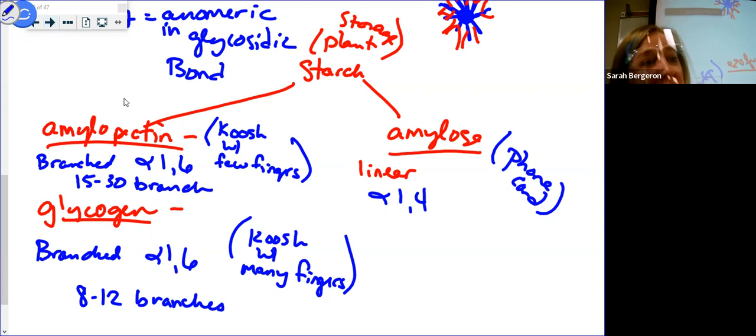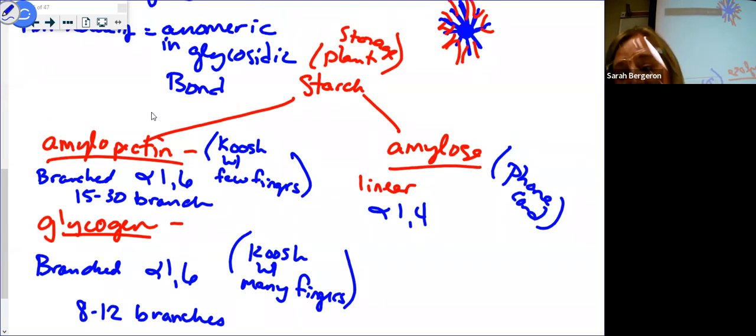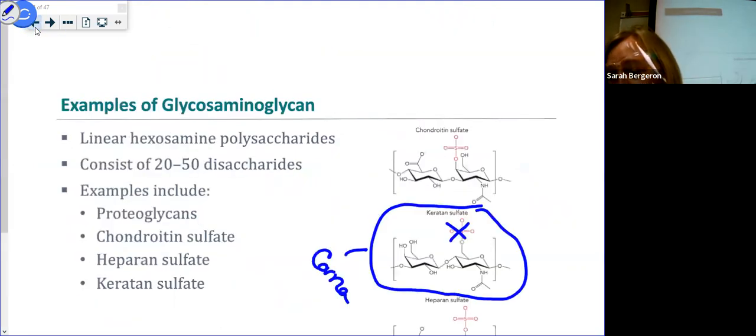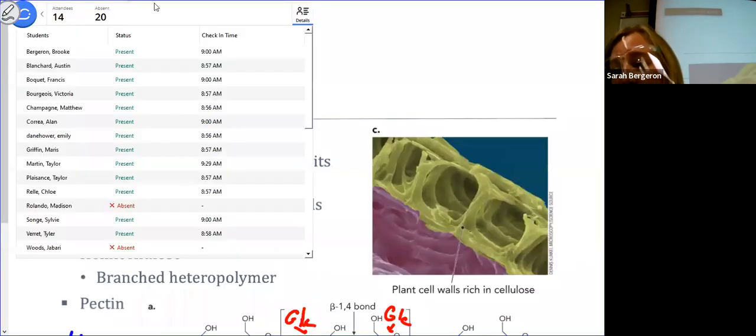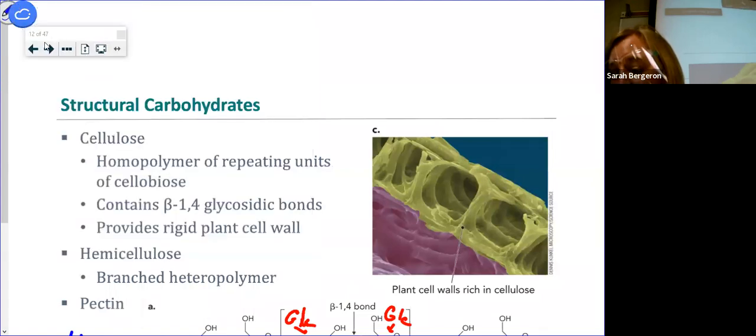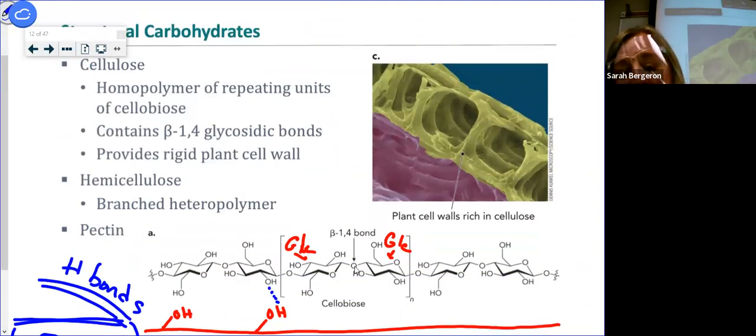Go ahead. What did you say about if your body can't digest, it says beta? Beta. Look at chitin, beta 1,4. We can't digest that. That is roughage. So yes, we can't digest the beta 1,4, right?